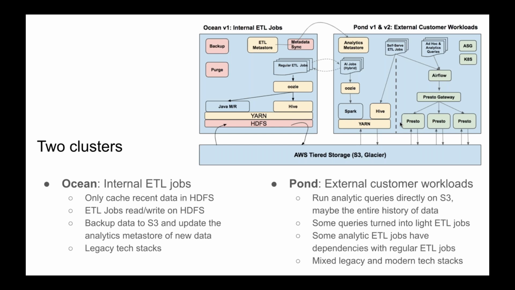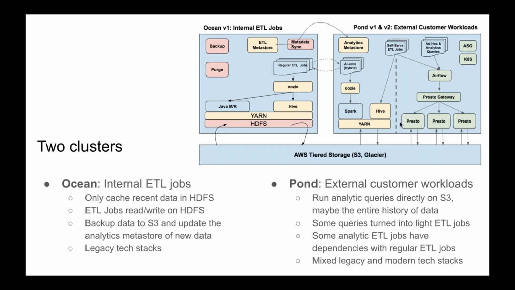On the right-hand side, we have two generations of technologies mixed together in the tech stack. The cluster is called Pond. It supports external customer workloads. Basically, these customers run analytical queries directly on S3 because those queries can involve the entire history of data.